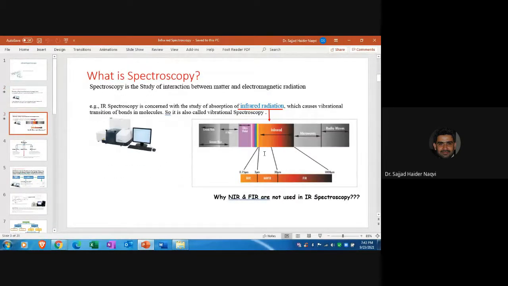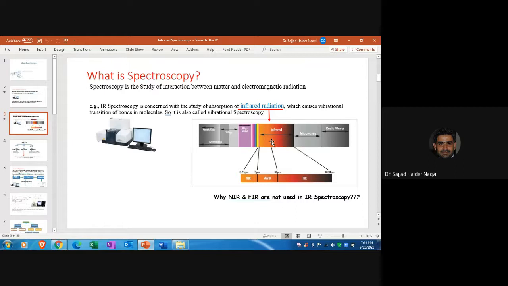Now, in terms of the electromagnetic radiation spectrum, this picture is shown here again. It's not the complete one, but it's focused on infrared, and you can see the middle portion between light yellow and dark red or blackish. That is the infrared region, and that is what we are interested in at this stage.